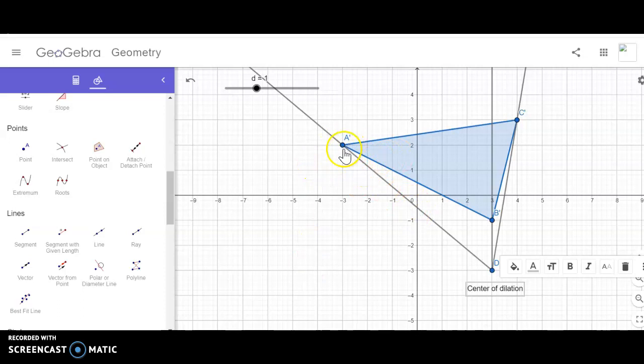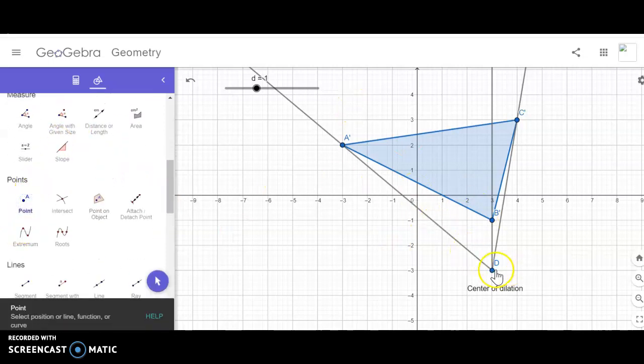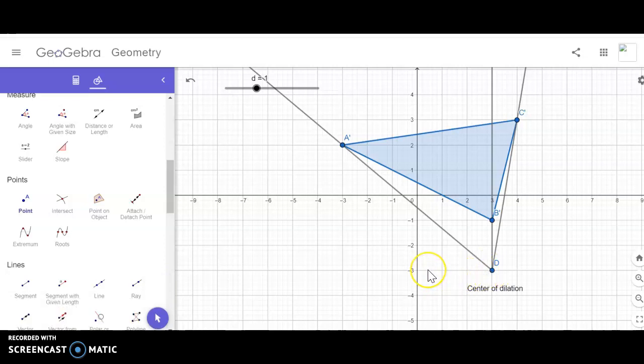Right now I see that I am 1, 2, 3, 4, 5 away, or 5 up and down, and 1, 2, 3, 4, 5 this way. So I'm going to take half of 5 and half of 5 because that's what I want my scale factor to be. Half of 5 is going to be 2.5.